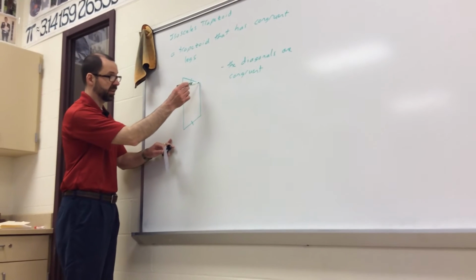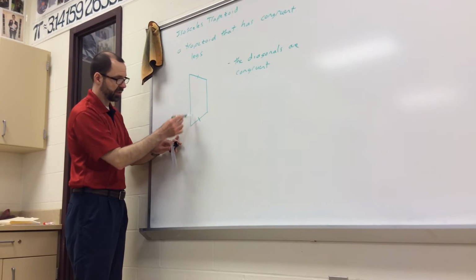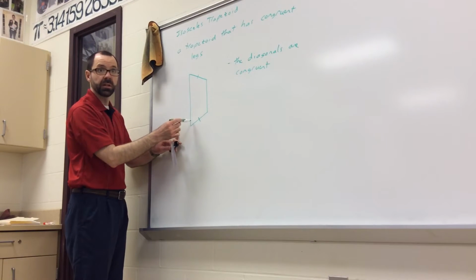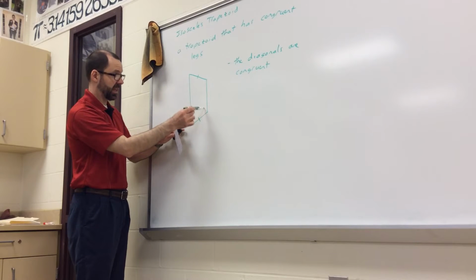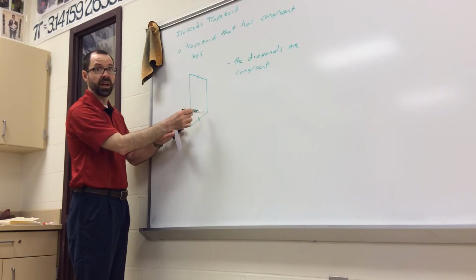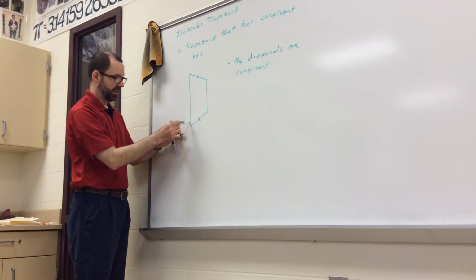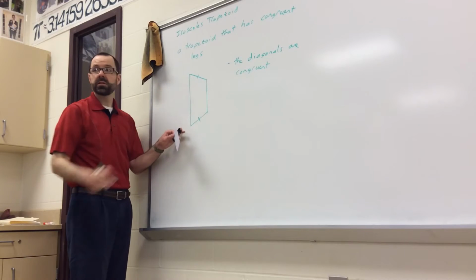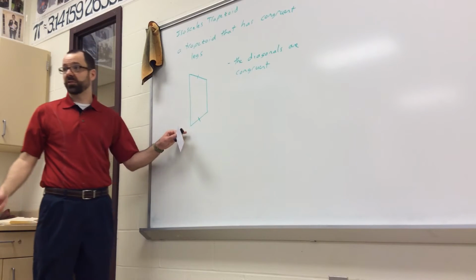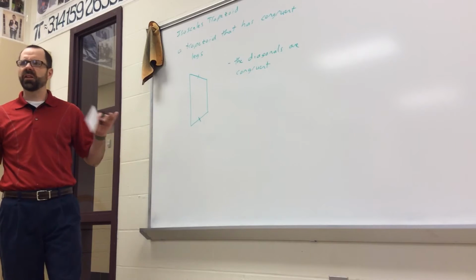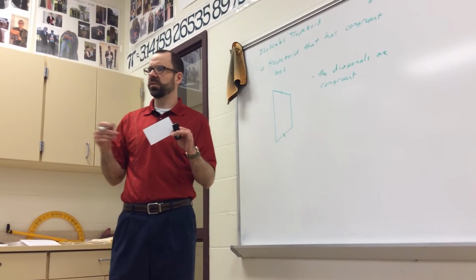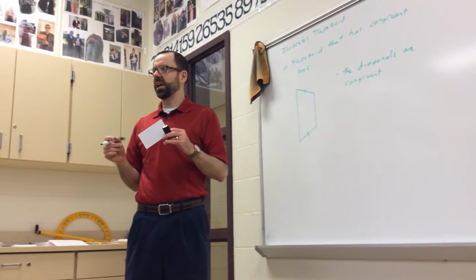So if you drew in this line, that's the diagonal, right? And then you drew in that line, that's the other diagonal. That length equals this length. The diagonals are congruent.